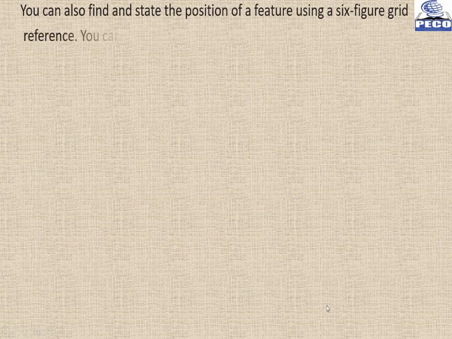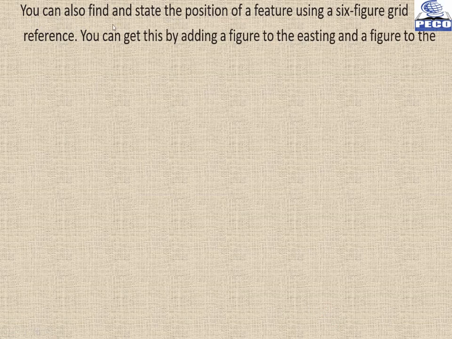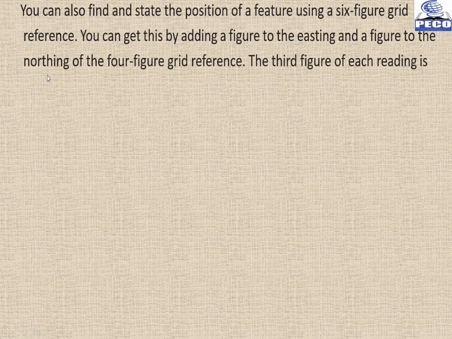However, like I have said, we can find and state the position of features using a more exact grid reference, which we are calling the 6-figure grid reference. And how do we do this? We can get to this by adding a figure to the easting and adding a figure to the northing of the 4-figure grid reference. So in the 4-figure, we had two figures for easting and 2 figures for northing.